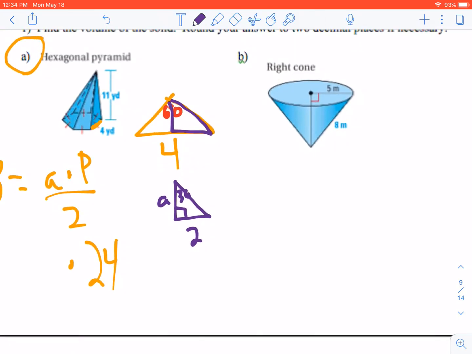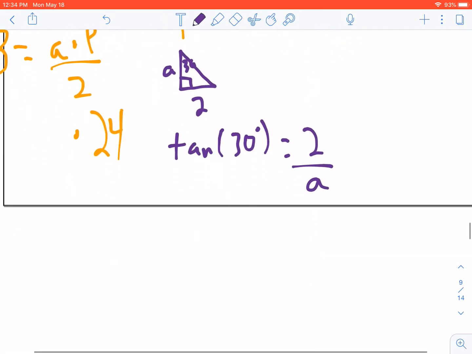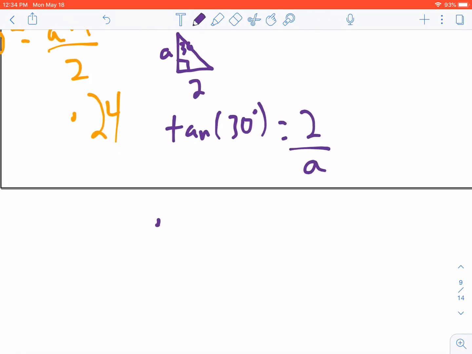To do our work then, we can do the tangent of 30 degrees equals opposite is 2, adjacent is A. Tangent of 30 is just a number. Remember to make sure your calculator's in degree mode. Tangent of 30 is 0.5774.